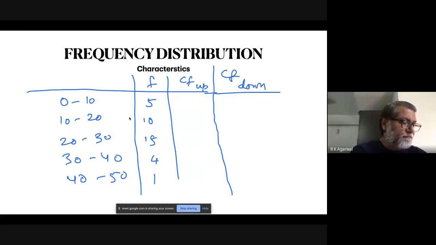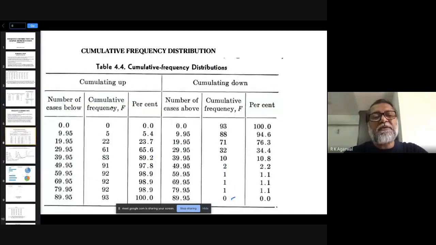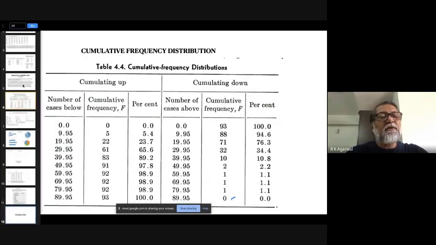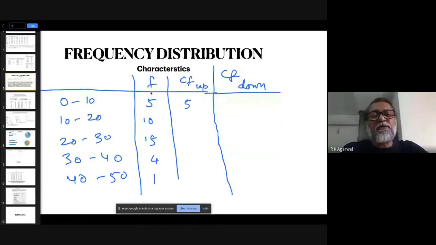So, cumulating up, what does that mean? This is cumulating up, first one. We start with the lowest one. The lowest class is 0 to 10, so we start with 5.